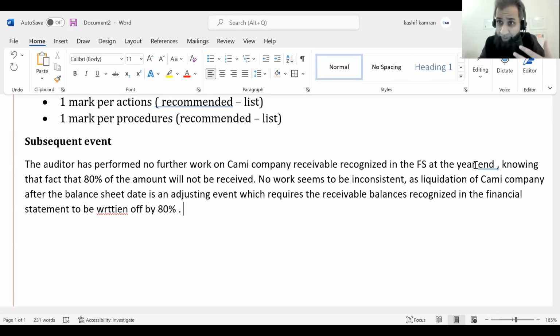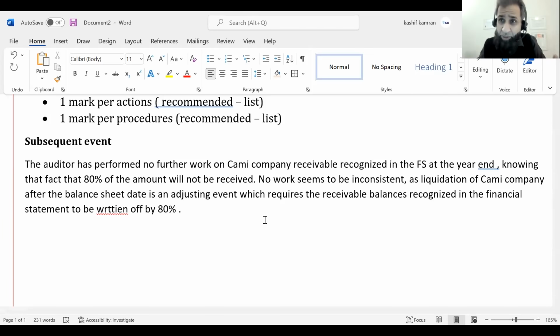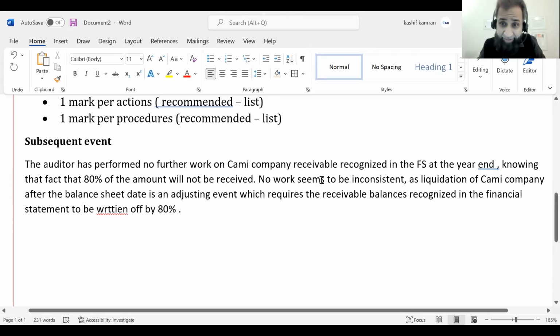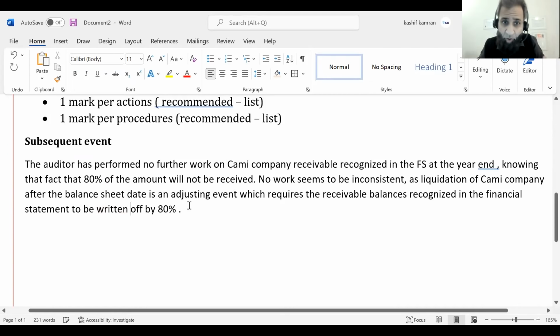So see how you're developing your point. You're first saying the auditor has performed no further work on receivables recognized in the financial statement, knowing the fact that 80% will not be received. Full stop. No work seems to be inconsistent as liquidation of Cami company after the balance sheet date is an adjusting event which requires the receivable balance to be written off by 80%.